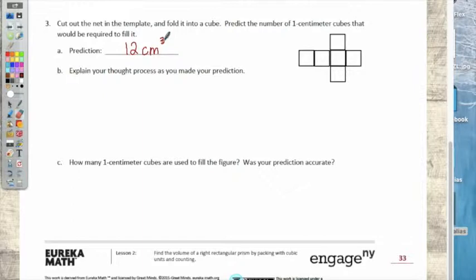So anybody have a different prediction? Gavin? 27. Yes, that's right. Who else said 27? Okay, let's see if they're right. Okay, Farrah, tell me how you came up with 27. Because the other cube that we made yesterday was only 2 wide, and this one at the bottom is wider than that.